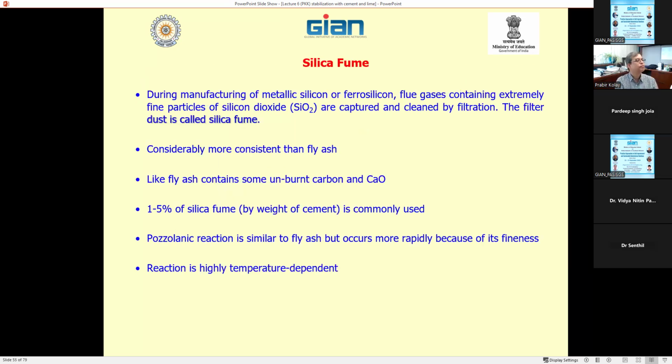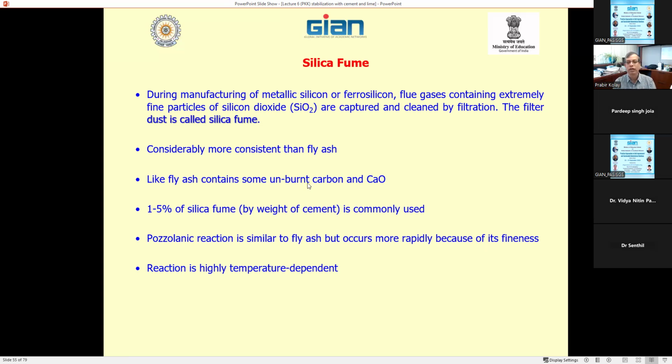Then the silica fume. This is another stabilizer. The silica fume is basically the manufactured metallic silica. It's very fine, and the filter dust is sometimes called silica fume. It's considerably more consistent than the fly ash, because fly ash has different types. Unlike fly ash, which contains some unburned carbon and CaO.